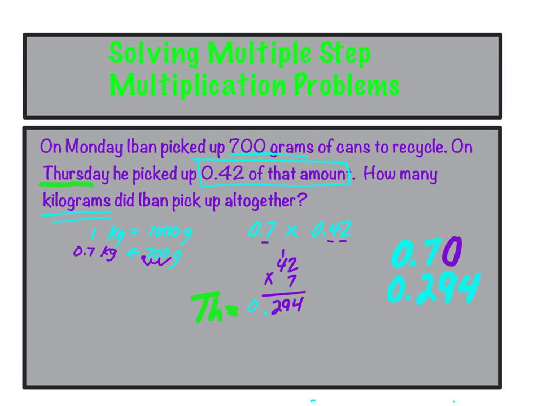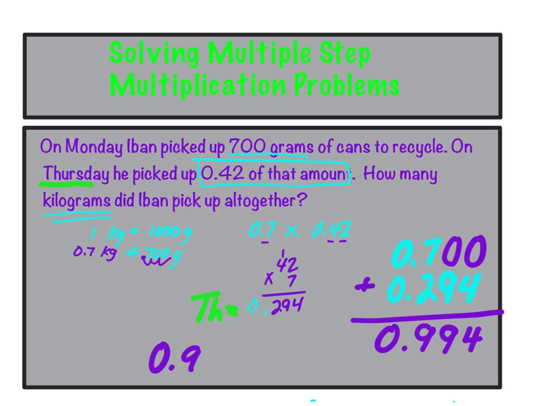We can go ahead and add those zeros in, add these up, and we get almost a kilogram. We are 6 thousandths short of a kilogram, and I need to rewrite that so I have room for my label, and we get 994 thousandths of a kilogram.